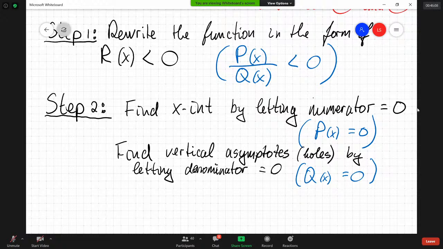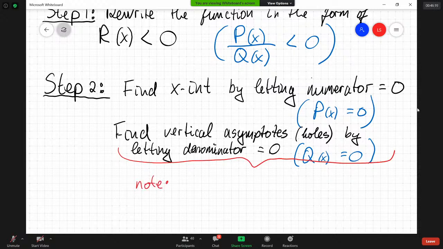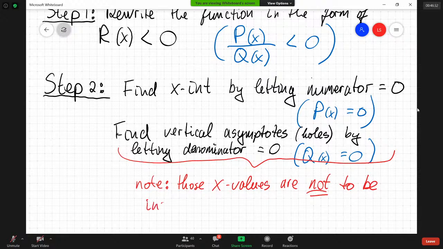Then we have to make a note. Whatever points we find from this step, those x values are not to be included into the interval.